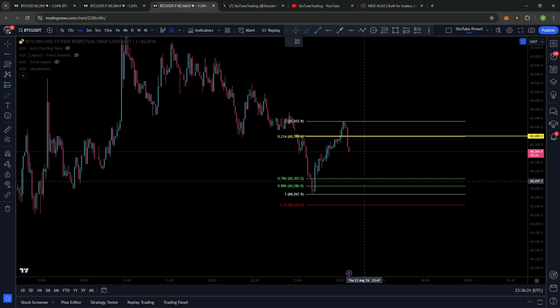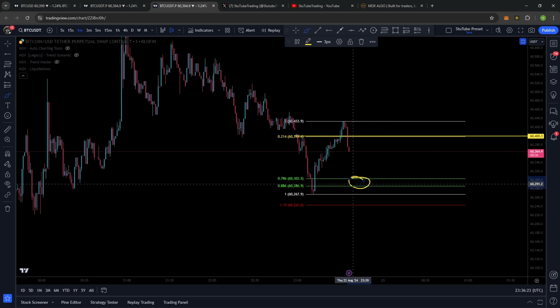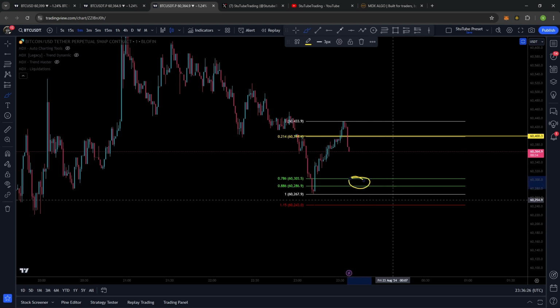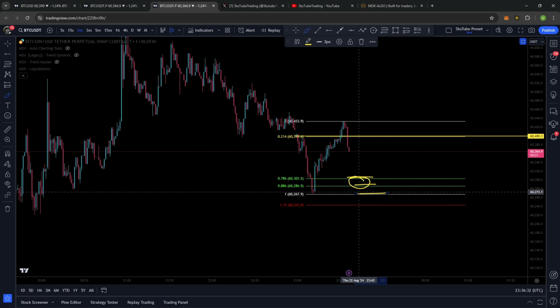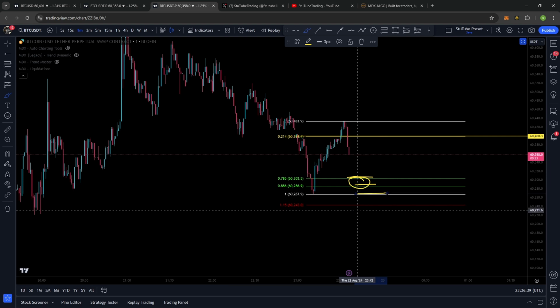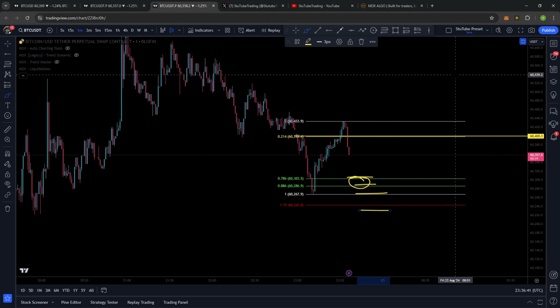Like right now, to take a stab at a long down here, I personally like to ladder in heavier as I get towards my invalidation. I ladder in a little 786, 886 at the double bottom, and then usually my average entry ends up somewhere between my 886 and my 1, and then stop loss is just a little below my 115, just so that it's controlled.